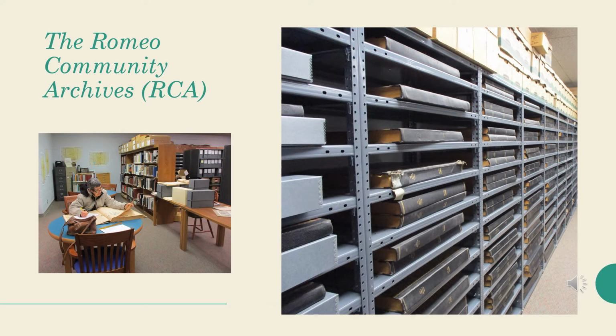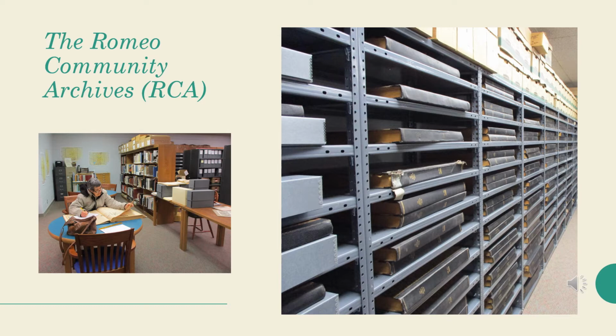The Romeo Community Archives, located in Romeo, Michigan, was established in 2017 to preserve and provide access to materials which document local history about the village of Romeo and the townships of Washington and Bruce. Collections include materials about persons, organizations, businesses, and events that play an important role in the three communities.